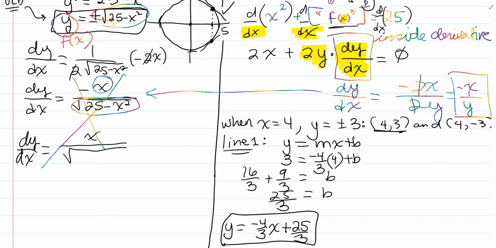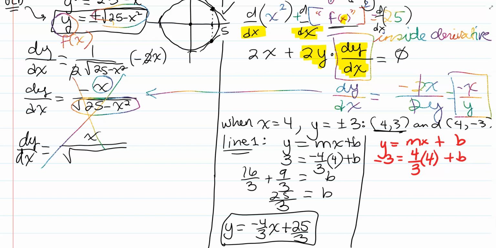Okay, then the equation of the other line is y equals mx plus b. y is -3. m is -4 over -3, that would be +4/3. x is 4 plus b.